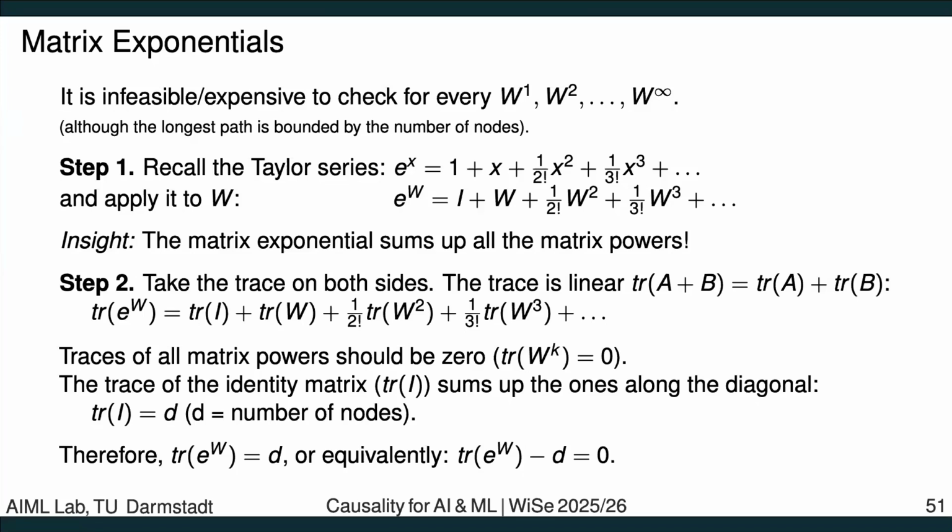The trace of the matrix exponential minus d should be zero. And this is in the form of the constraint that we defined before. Because all of this is differentiable, we can plug it in. It has a quite easy gradient also.